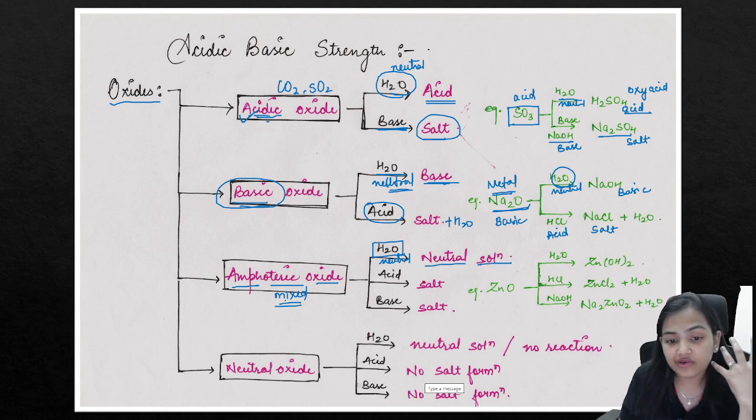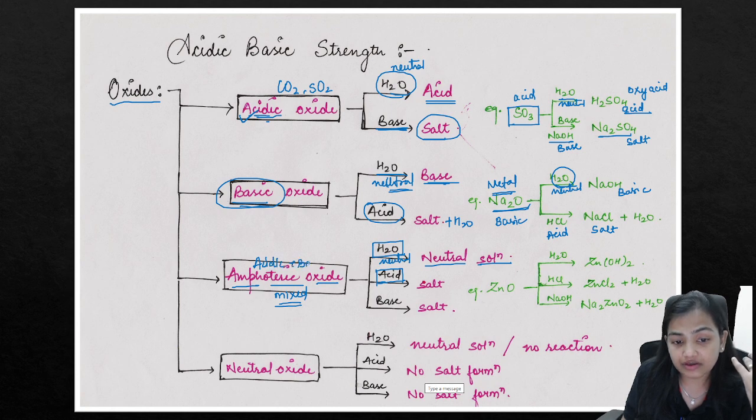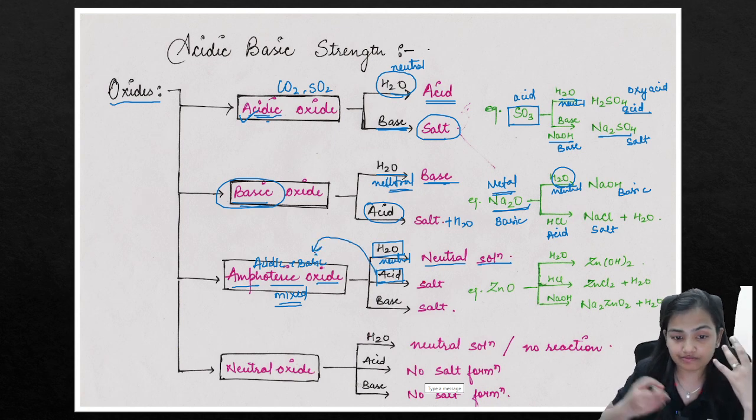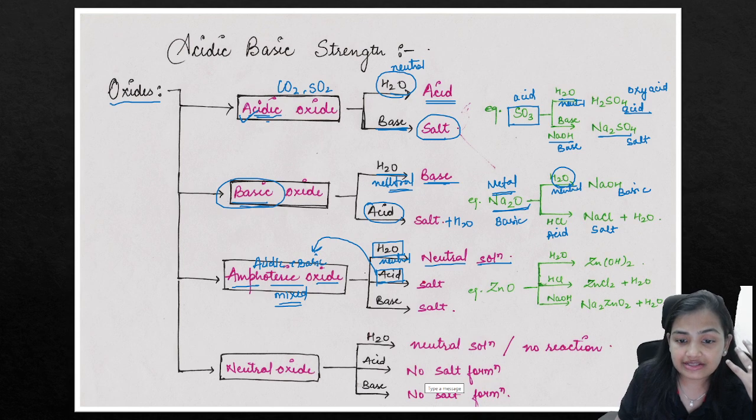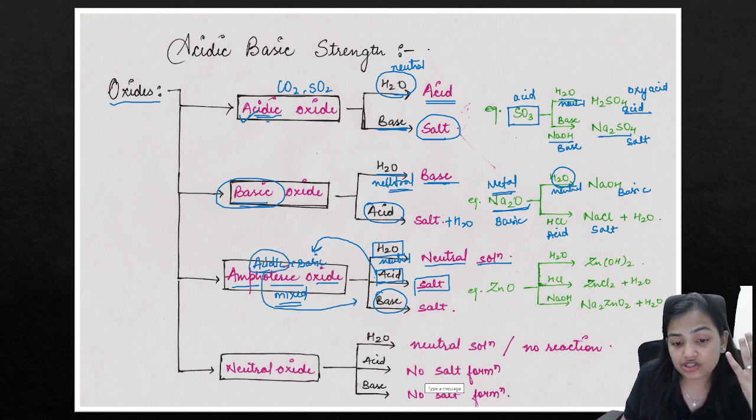But when this amphoteric oxide reacts with an acid, its basic property is activated and acid and base form a salt. And when you react it with a base, its acidic property comes into action, and acid and base react and form a salt.